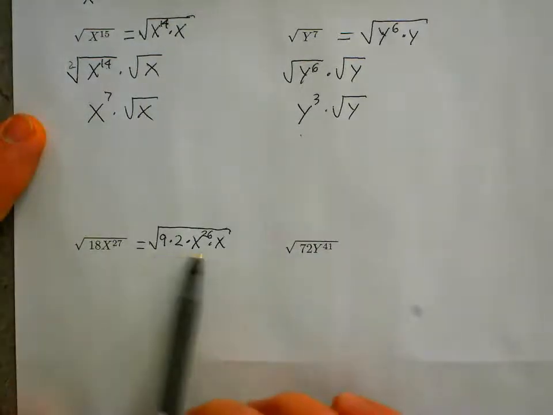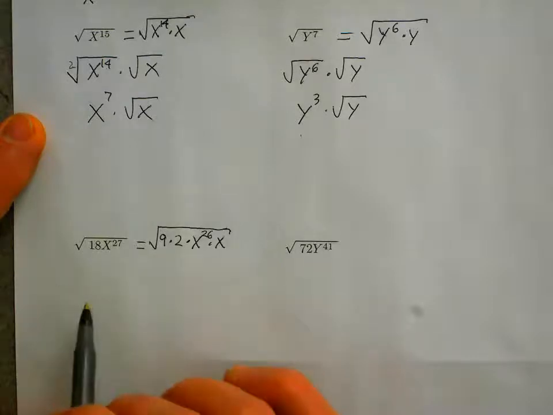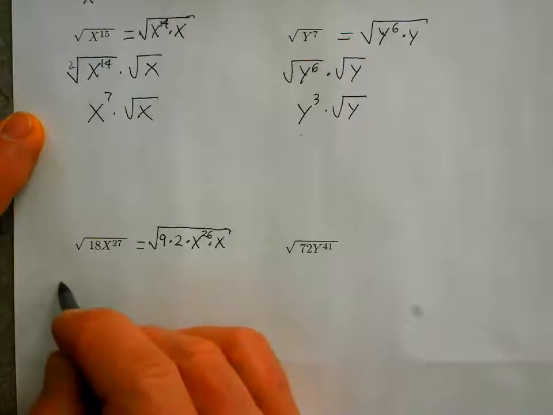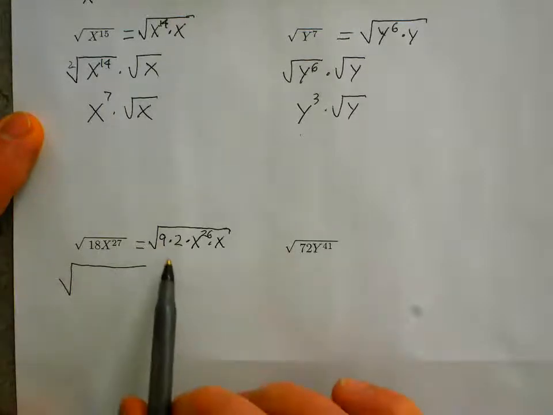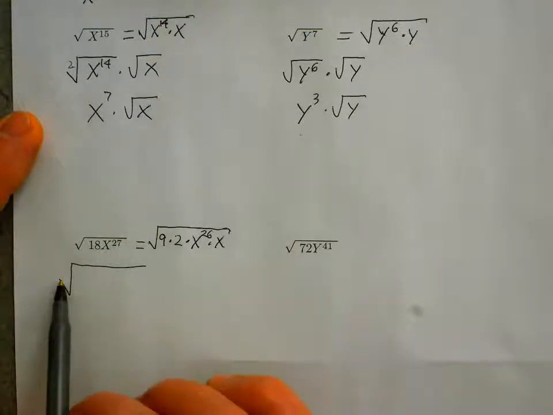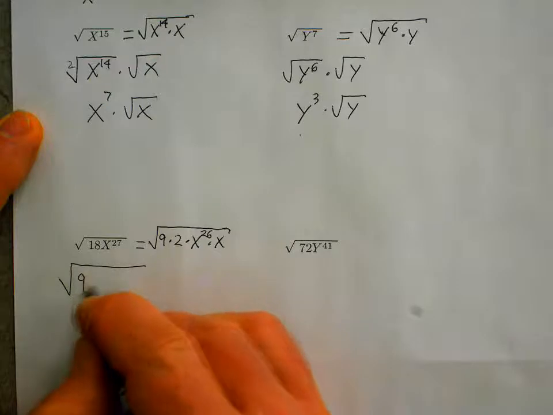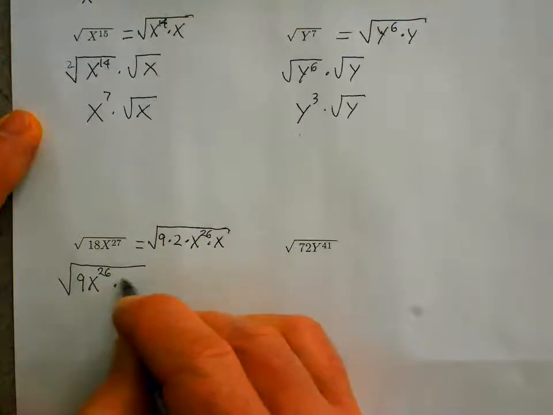We can rearrange the factors first, if that helps. So let's do that. Let's write this as a single square root with the perfect square factors farther to the left. So we have the square root of 9x to the 26th times 2x.